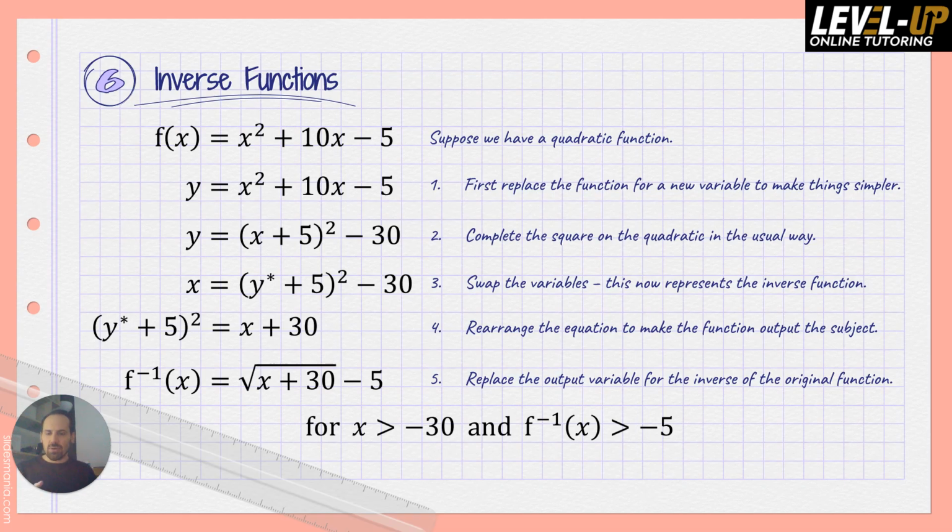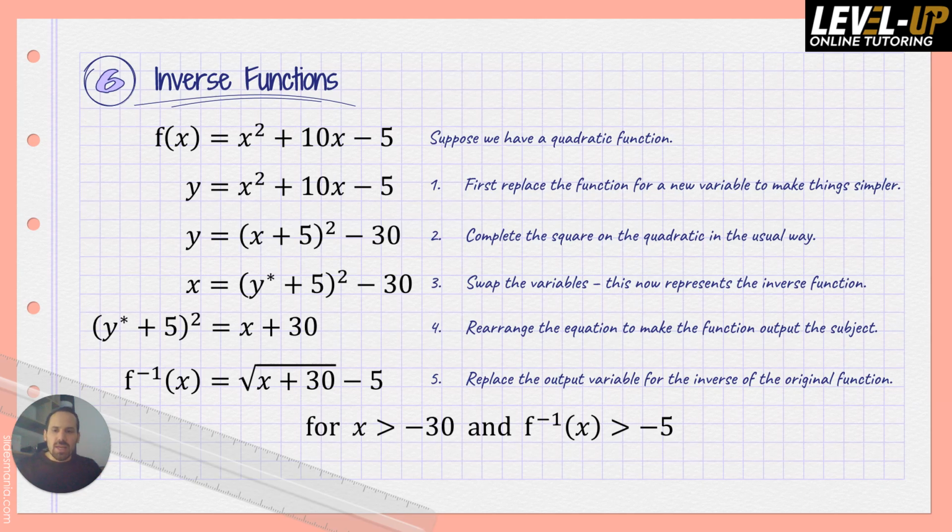Likewise, like we saw before, the square root produces multiple answers, so it could be positive or negative. So you see we get two possible answers, greater than -5 or less than -5. What I've put there is that f inverse of x is greater than -5, so we're restricting ourselves to only the positive answers to that square root.